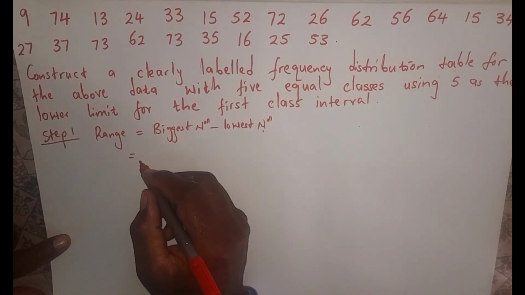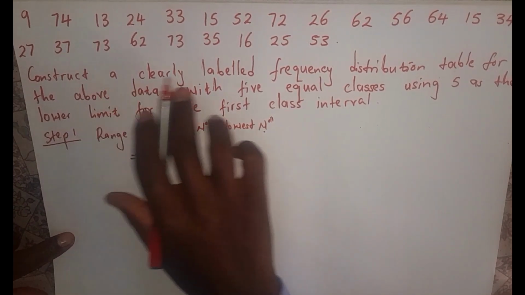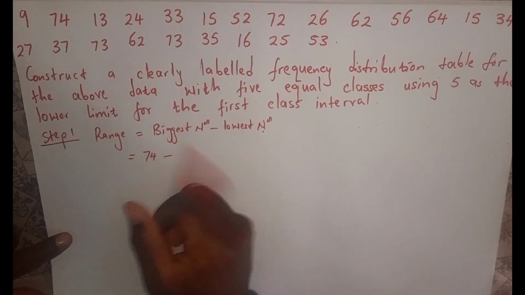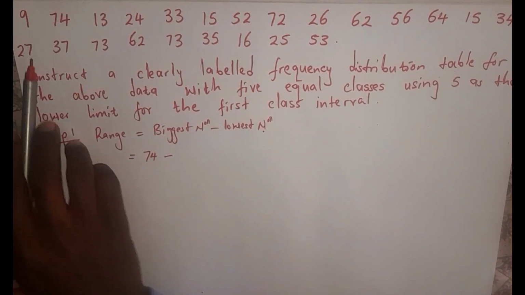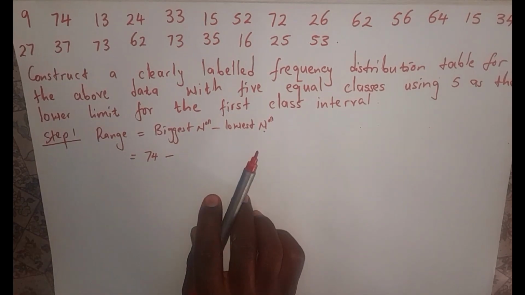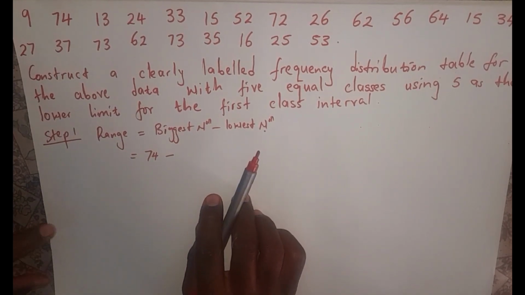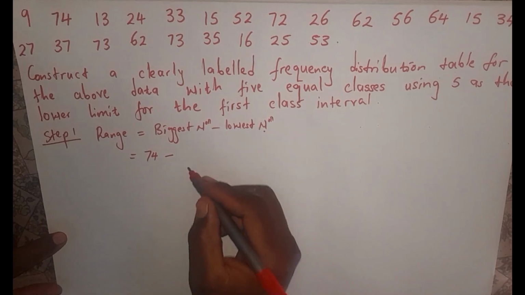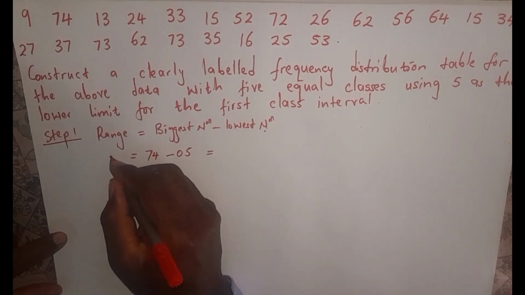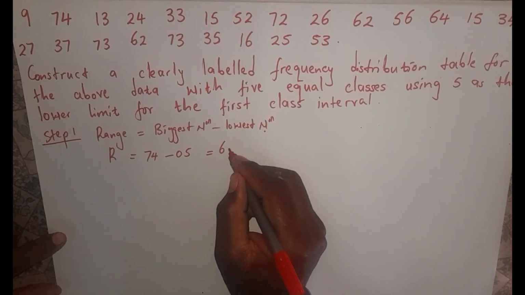Our biggest number here, I think we are seeing, is 74. Now our smallest number is not 9, since the statement says we have to take 5 as the lower class limit for the first class interval, meaning we are taking 5 as the lowest number. So 5 is the lowest number, then the range is equal to 69.